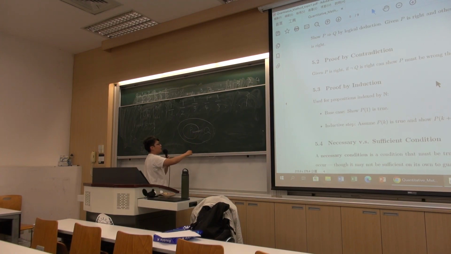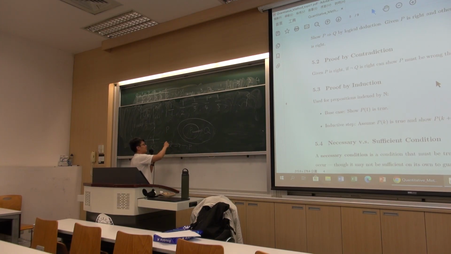And now we are trying to prove it by saying that if Q is wrong, then it implies P is wrong. But we are given, this is a given condition, P is always right.